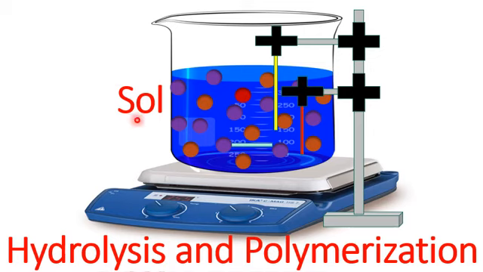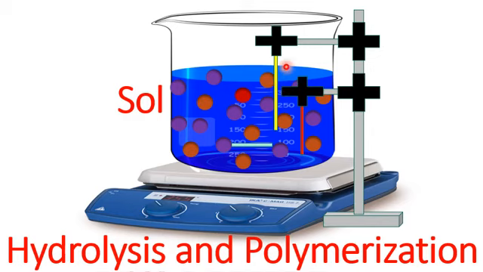The sol is basically dispersed nanoparticles in a liquid medium, and these dispersed nanoparticles are well arranged, and they follow one of the most common effects known as the Tyndall effect of the reflection of light.